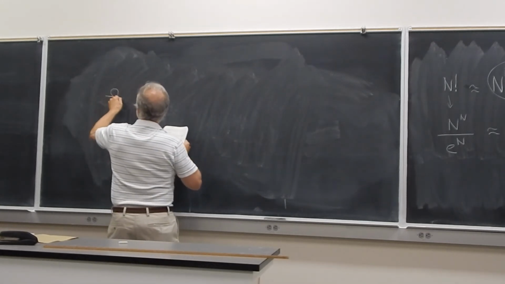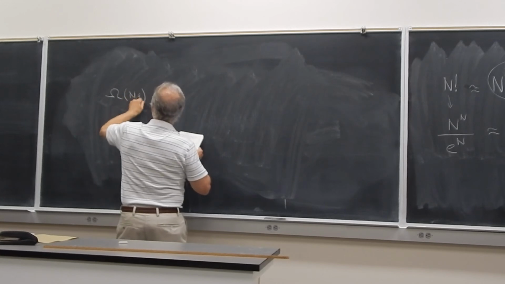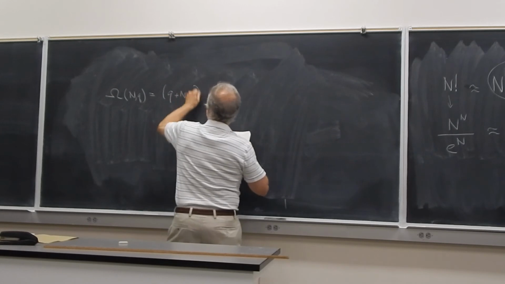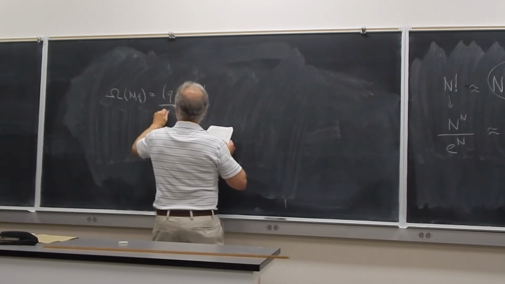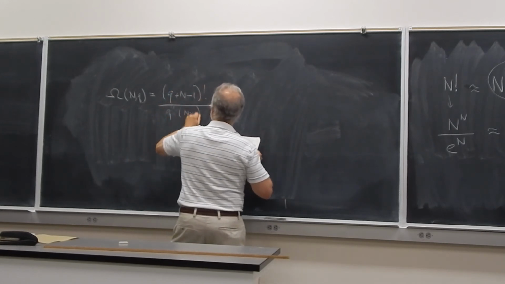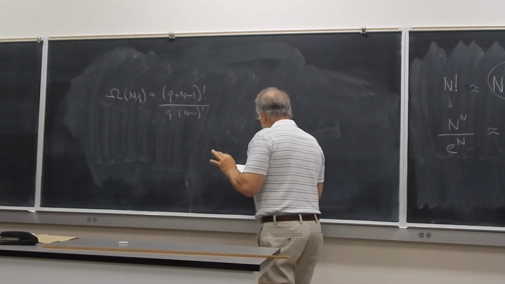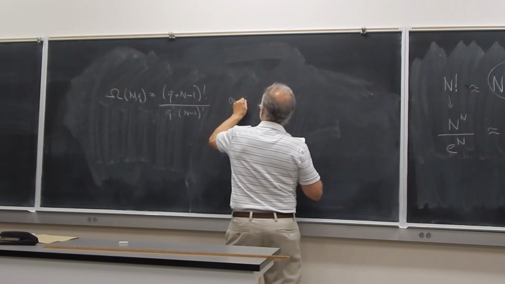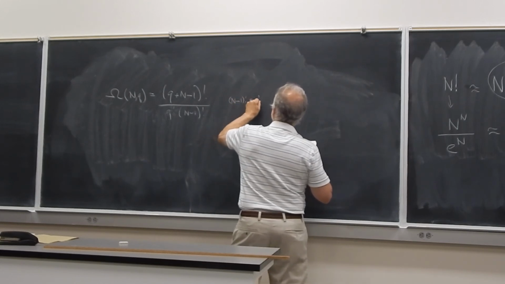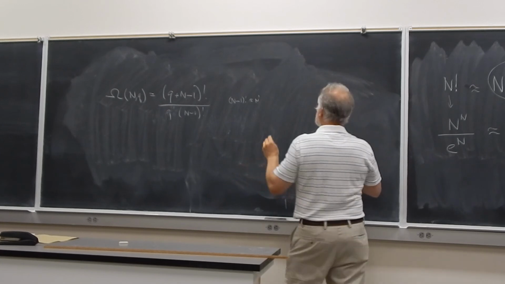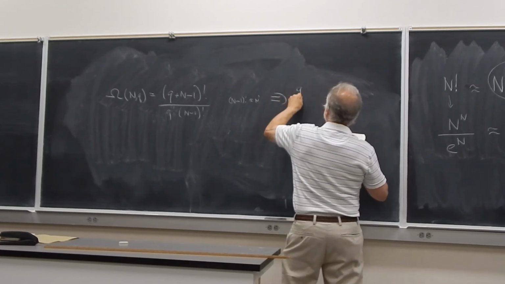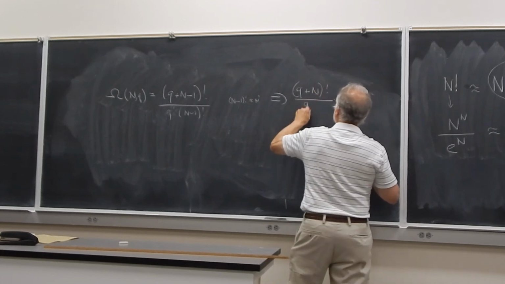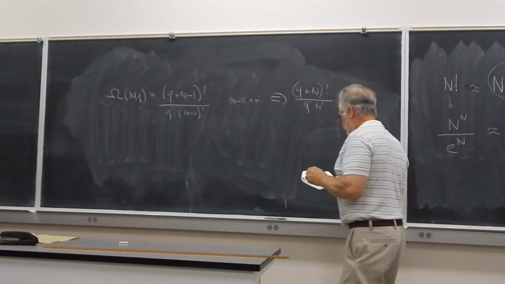Well, if I don't do it exactly, I can write this as q plus n minus 1 factorial over q factorial n minus 1 factorial, as I've been doing. But if n is very, very large, n minus 1 factorial is roughly n factorial. It's not going to change a whole lot. So I'm going to write this expression as q plus n quantity factorial over q factorial times n factorial.